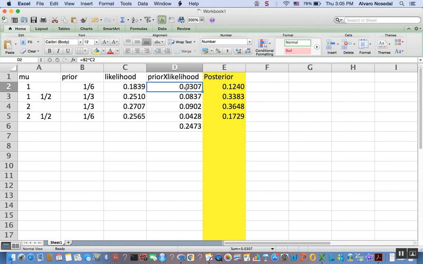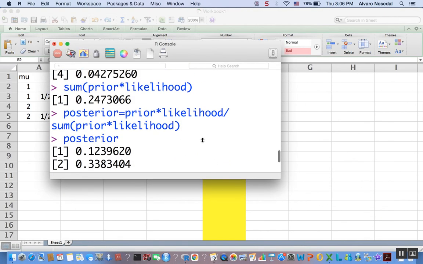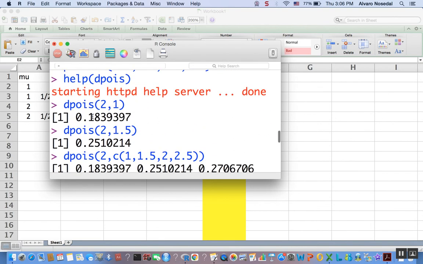Then you just do prior times likelihood divided by the sum of all those cross products of prior times likelihood. That gives you your posterior, and you're done. We did it using a table and also using R, and in R we saw that we can evaluate the likelihood using the built-in function dpois.